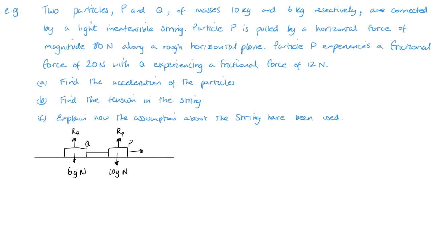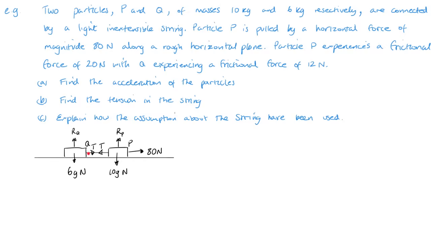So P is being pulled by a horizontal force of 80 newtons. Now there's tension in this string, and that's how we represent the tension. The tension is in both directions, because this is pulling back, so this would feel a tension going this way, whereas because this is pulling it along, the string experiences a tension in this direction.